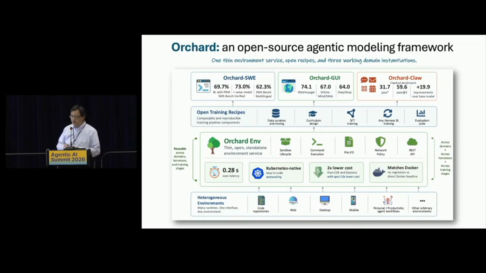Then in order to demonstrate the effectiveness of this environment, we built 3 agentic modeling recipes on top of it as a demonstration. First is Orchard SWE, which targets the software engineering agent.